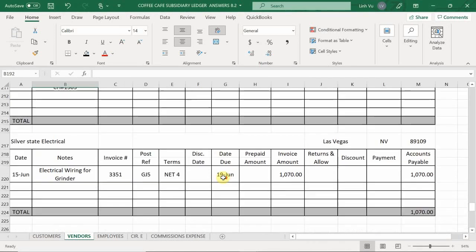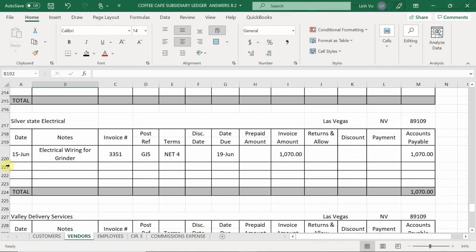So just by looking at this, it says that I owe 1070. So we pay. Oh, you're right. The check 1519 and then 3351. Good. Page 7.